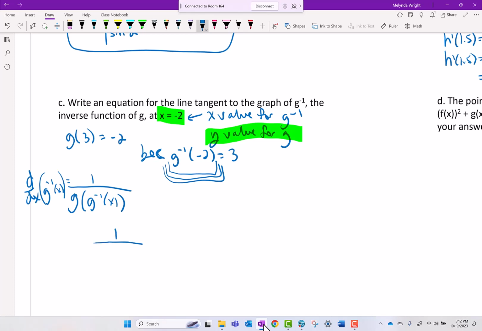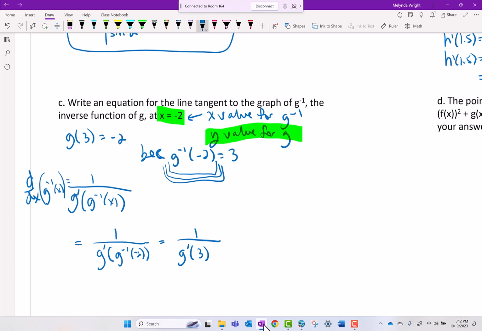So 1 over g prime of, and I can write it out if it's really troubling us, g inverse of negative 2 is 1 over g prime of 3. Excuse me, those are primes, g prime. How am I going to find g prime of 3?